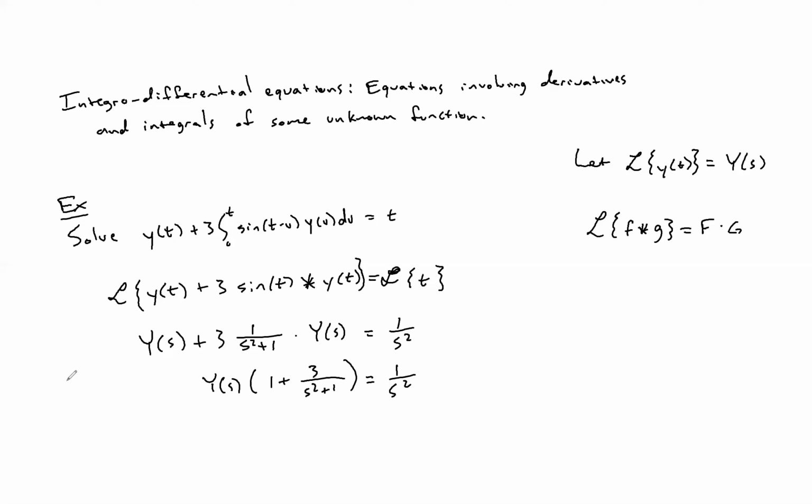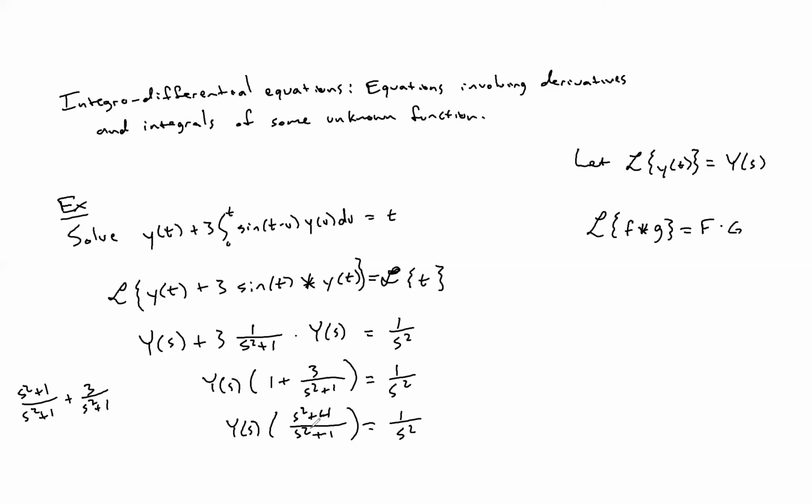If I rewrite 1 with a common denominator s squared plus 1, that's s squared plus 1 over s squared plus 1, and then plus 3 over s squared plus 1. So s squared plus 1 plus 3, that's s squared plus 4. So I have Y of s times s squared plus 4 over s squared plus 1 equals 1 over s squared.